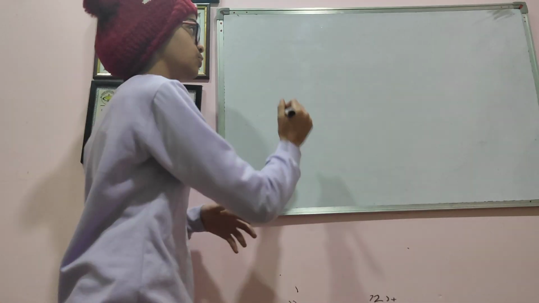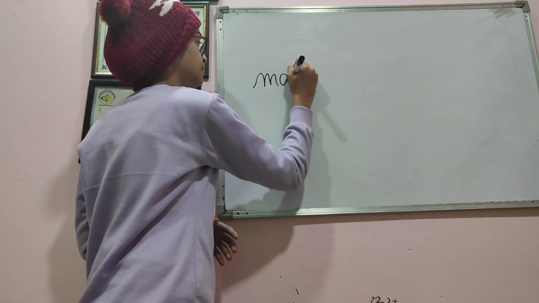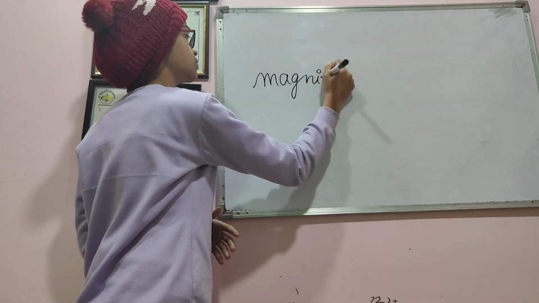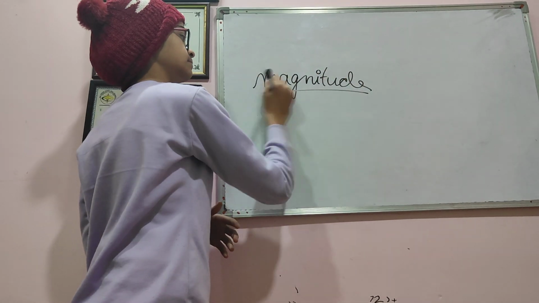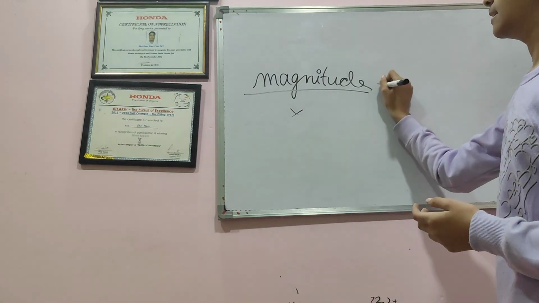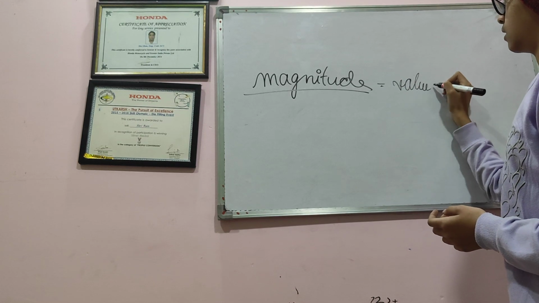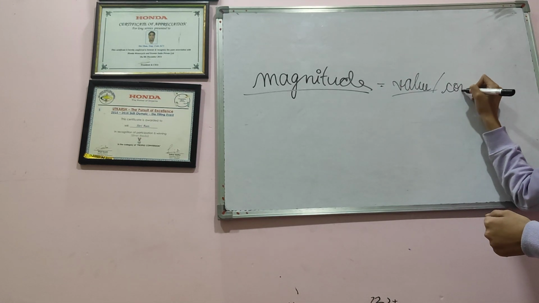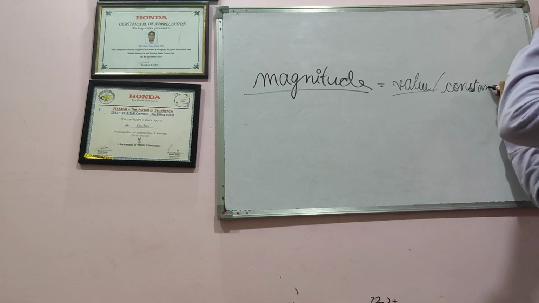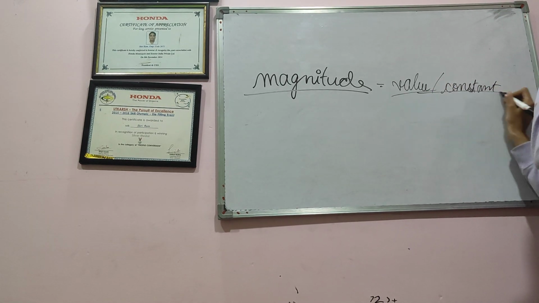Now what is magnitude? Magnitude is this word. No. What does magnitude mean? Magnitude means value or constant. Constant you have learned, like the symbol which has a fixed value is called a constant.